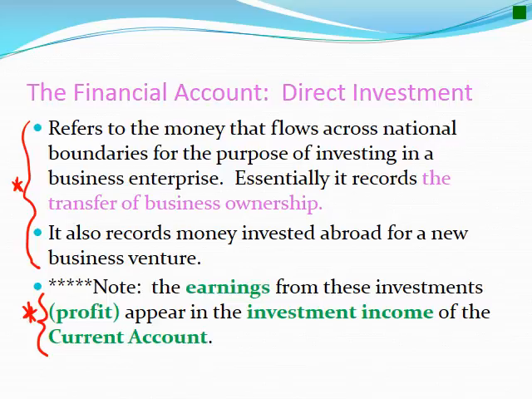So the top part of this is referring to an asset, an ownership of a firm. This is an income, the earnings, because it's what flows from the asset's activities. So it becomes part of the current account. The top part here is part of the financial account. The earnings is part of the current account.